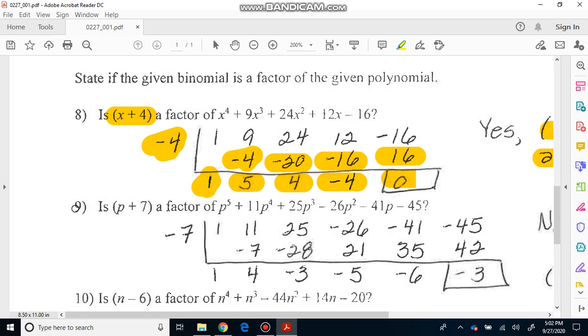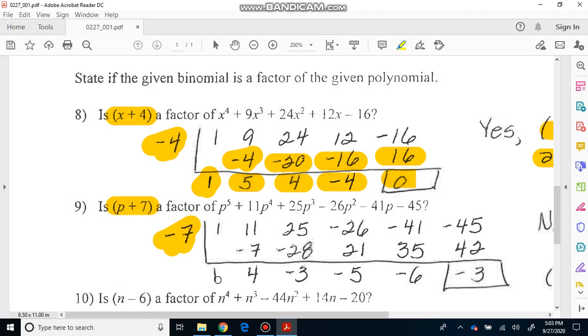All right, in question 9, we have a 5th degree polynomial. So I've got exponents of 5, 4, 3, 2, 1, 0. So I'm going to write down my coefficients: 1, 11, 25, negative 26, negative 41, negative 45. This is the factor. So this is the root.